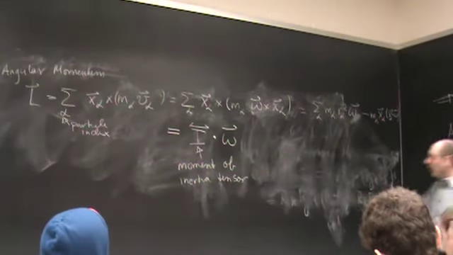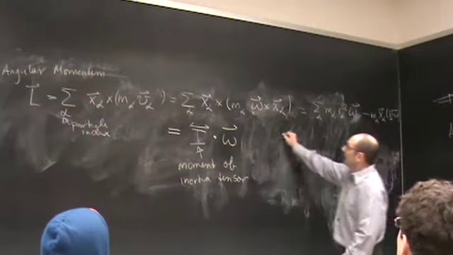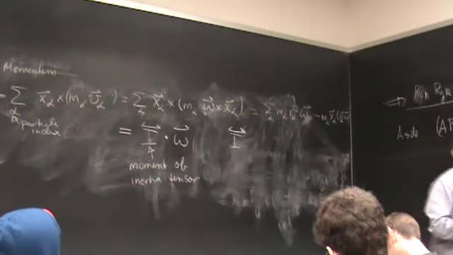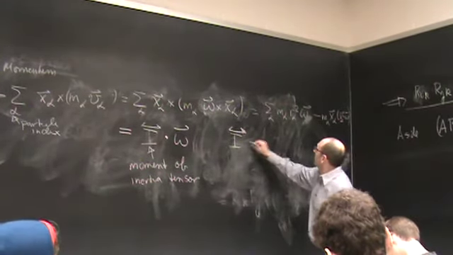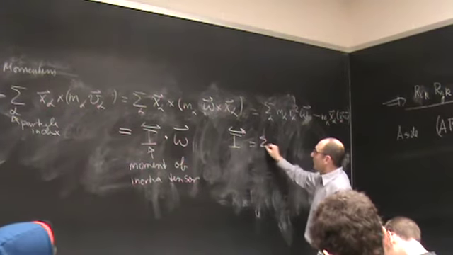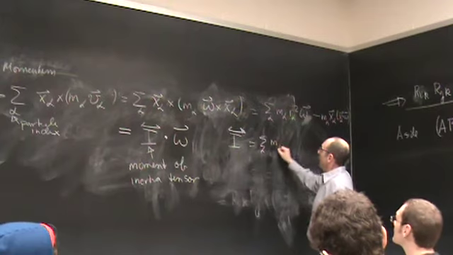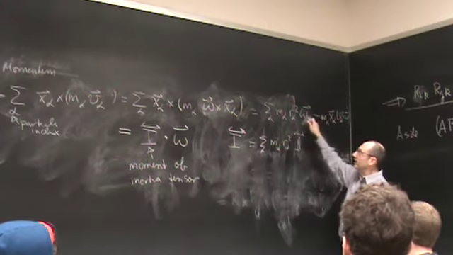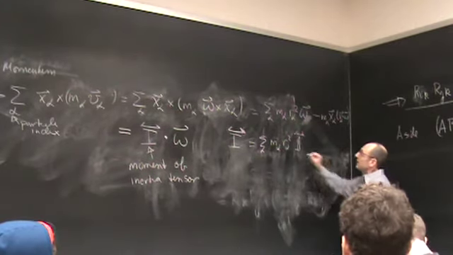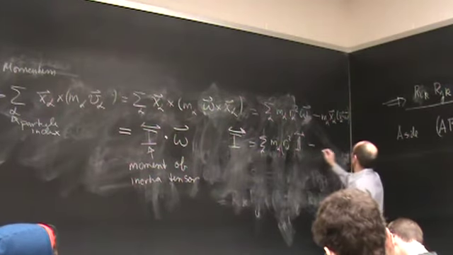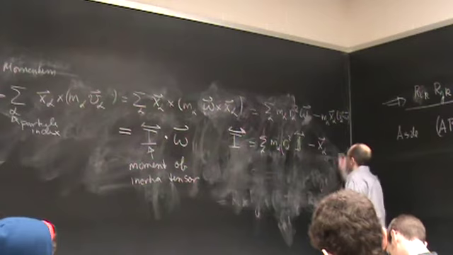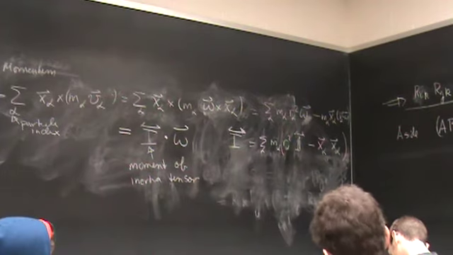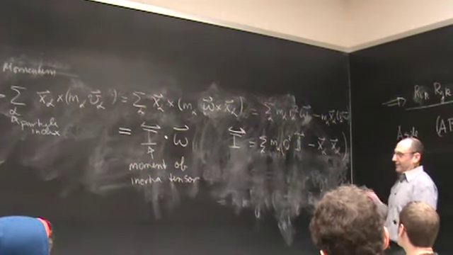What is that tensor? Well, if we look at it here, that tensor, written with this devilish double arrow on top, is equal to the sum over all the particles, m alpha r squared times the identity tensor, because when the identity is dotted into omega, it gets back omega, minus x alpha x alpha, where this is not the inner product.